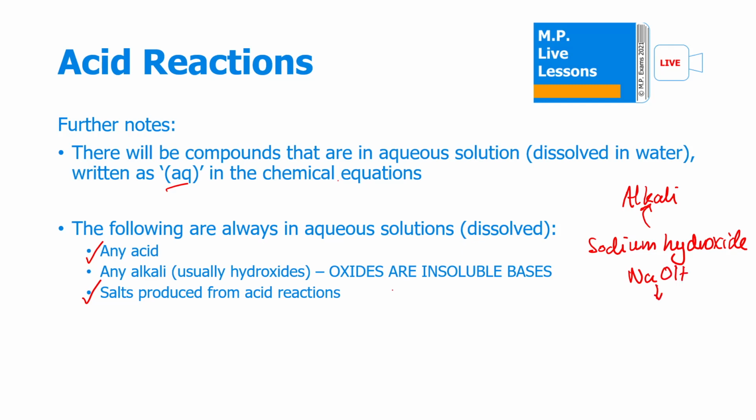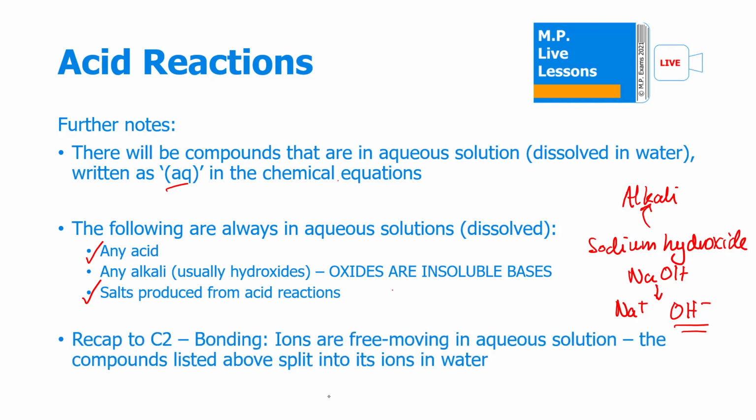This will split into ions: an Na plus ion, because group 1 atoms form ions with a 1 plus charge, and OH minus. You'll just need to remember this, OH minus. And remember that ions are free moving in aqueous solution, which is why these compounds split into ions when they dissolve in water.